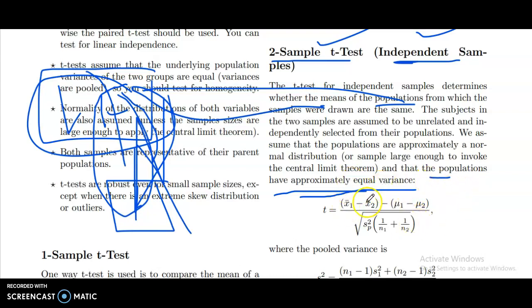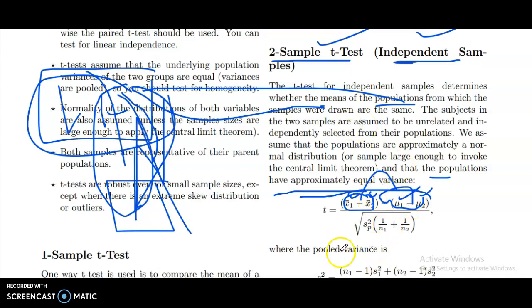So x1 bar minus x2 bar: first sample, second sample, the second sample is subtracted from the first. Then mu1 minus mu2, also second deducted from first, and that is subtracted from the previous difference.